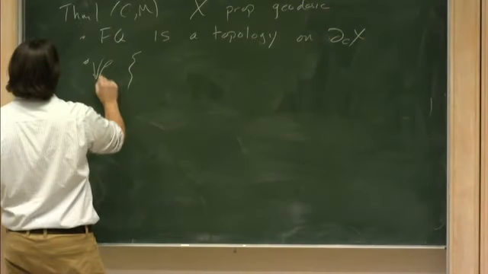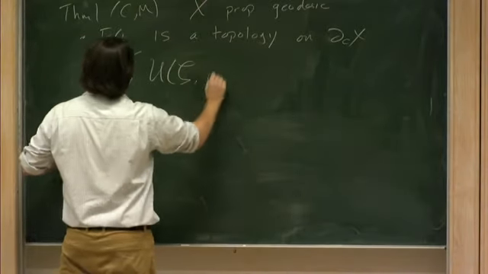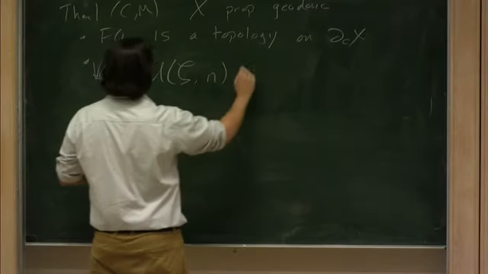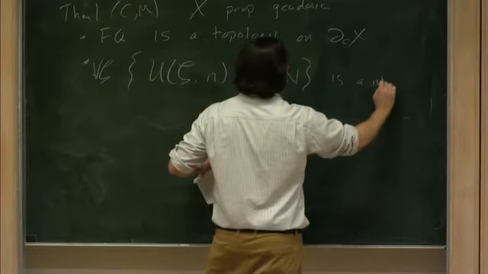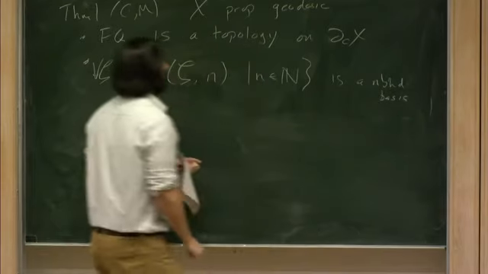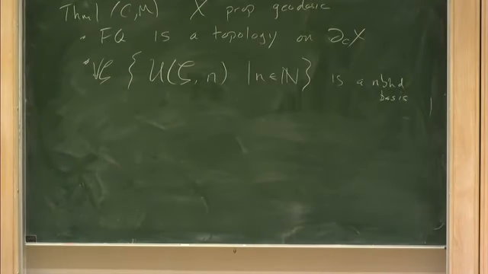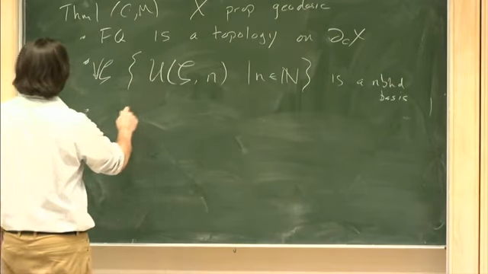For every zeta in the contracting boundary, this set is a neighborhood basis. In particular, this topology is first countable. It's quasi-isometry invariant.